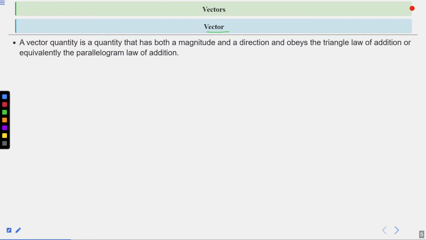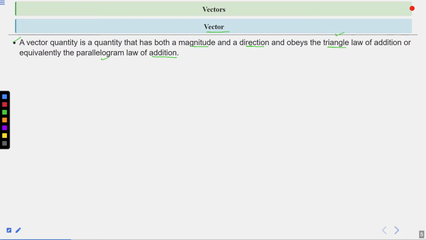Vectors. So here the question arises, what is a vector? A vector is a quantity that has both magnitude and direction, and always obeys the triangle law of vector addition, or equivalently the parallelogram law of addition. It means we can add vectors using two laws, the triangle law and the parallelogram law.